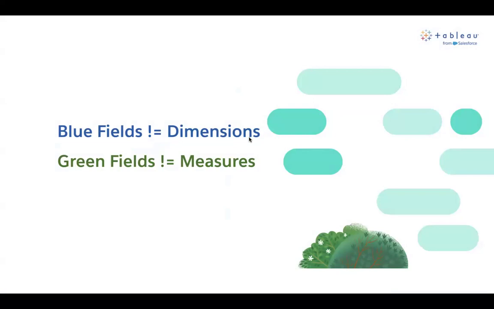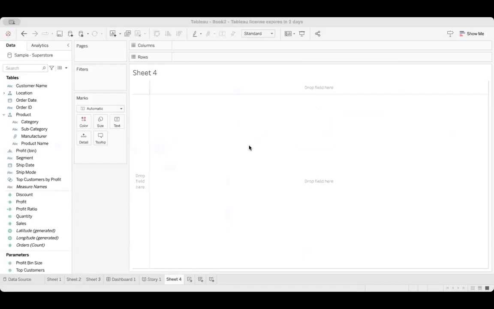Nice. Before jumping on to the dimensions and measures, I would like to show you one thing that you have noticed already, but I have to highlight it. If you check over here, there is a thin gray line. Whatever is above the line is considered dimensions, and whatever we have below the line is considered measures.